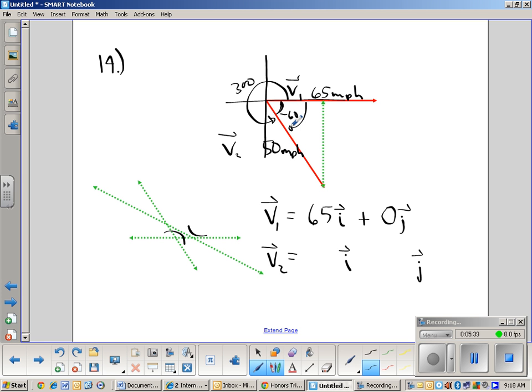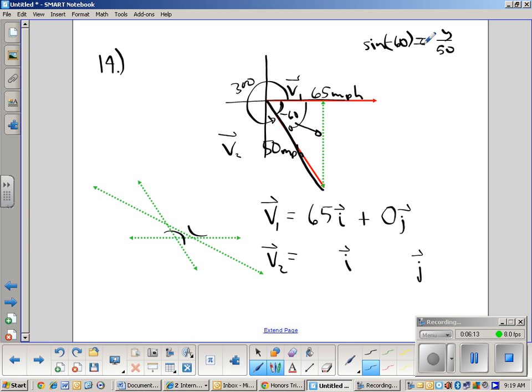Okay? And so the y component from that 60 degrees is which side? The opposite. And this is the hypotenuse. And so which trig ratio is opposite and hypotenuse? Sine. So we're going to say sine of negative 60 is equal to opposite, which is y, over hypotenuse, which is 50.